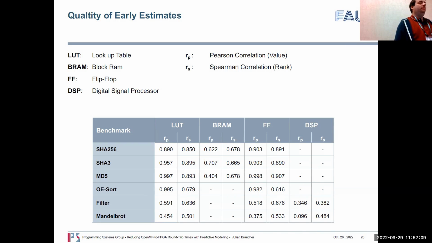So we only compared the degree of parallelism we achieved and how well we could predict it. Sure, you could also try to predict the maximum frequency you can run on that solution. Does this answer your question? Yes, thank you.